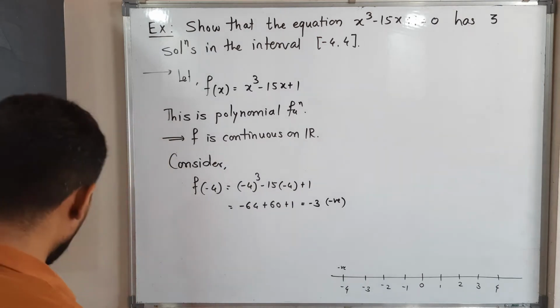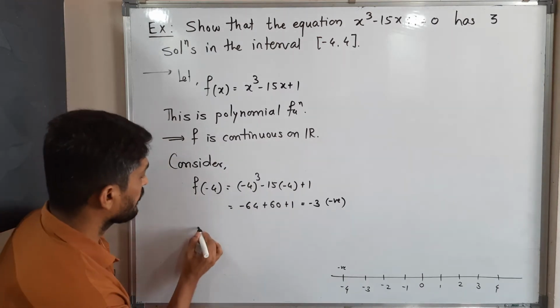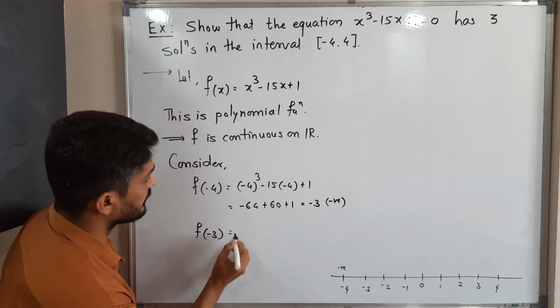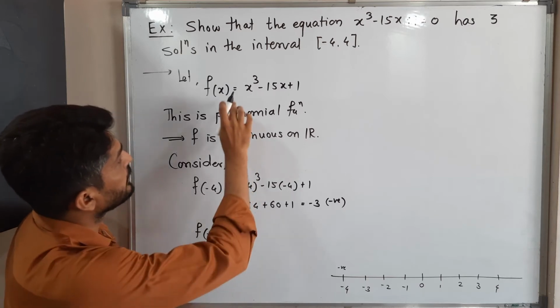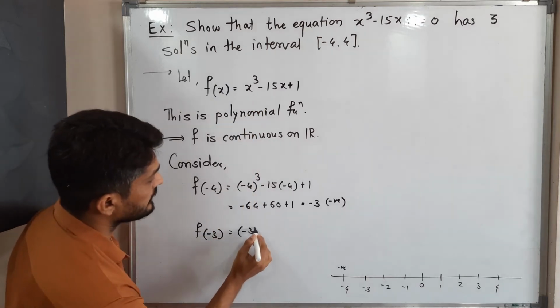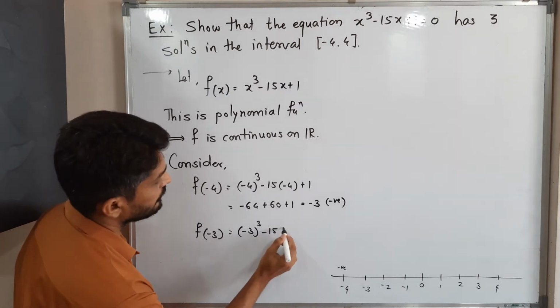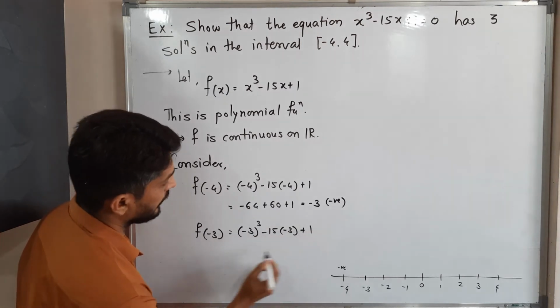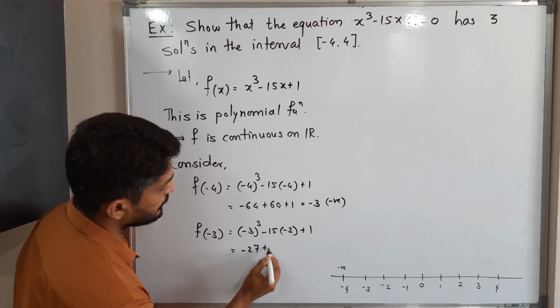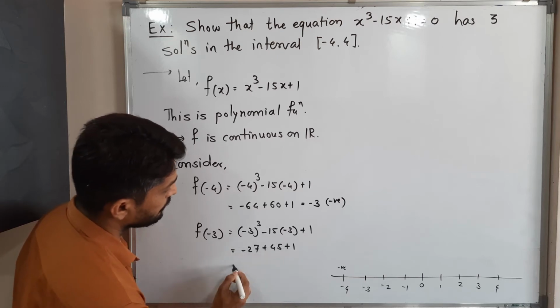So let us find the value at minus 3. F of minus 3, that means in the place of x we have to put minus 3. Minus 3 cube minus 15 times minus 3 plus 1. It is minus 27 plus 45 plus 1.